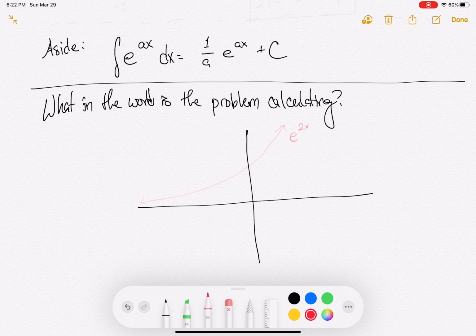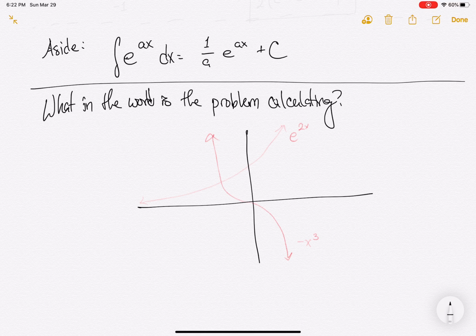Negative x cubed by itself looks something like this. When you add them together, you get something like this. It's probably going to bend like that, but then it's pushed back up.